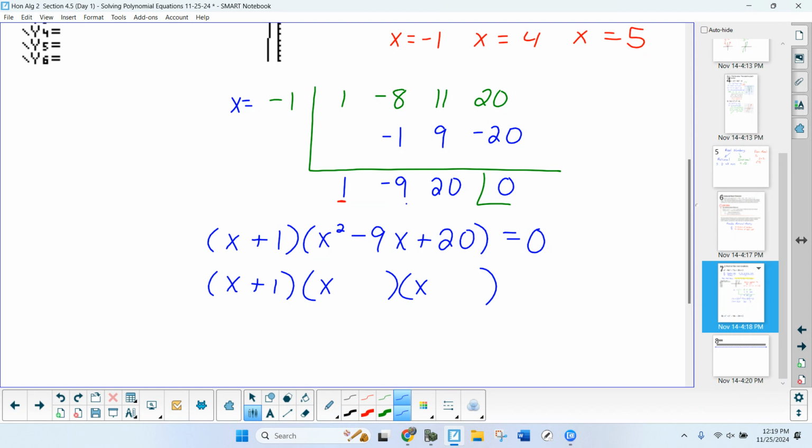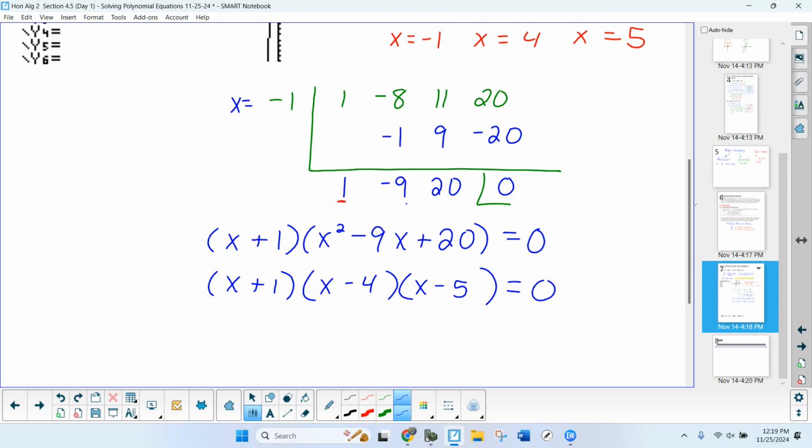It's a form of 4 and 5. But they'd have to be what? Negative 4 and negative 5.